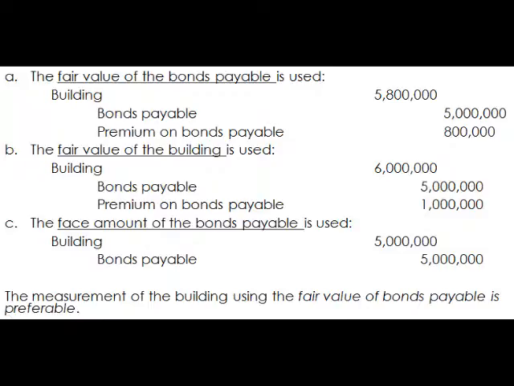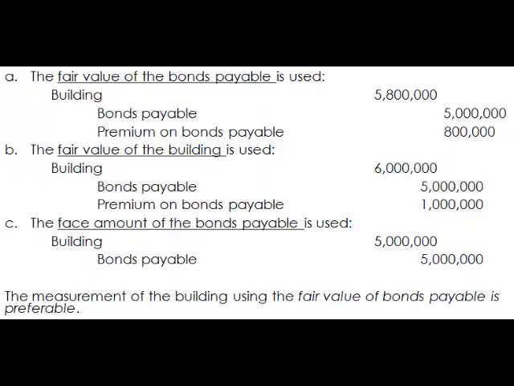If the fair value of the bonds payable is not given, the second priority to be used in measuring the cost of the fixed asset is using the fair value of the fixed asset if given.